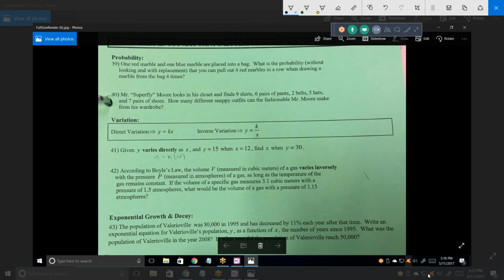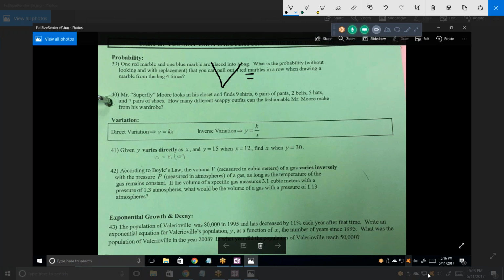All right, let's see. 42. The volume of gas varies inversely with the pressure. Don't let the complexity of this or the fact that it's a physics problem make it more difficult. It really is not. Let's write the general equation, and then we'll figure out the specific equation.